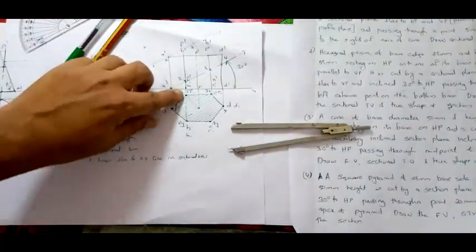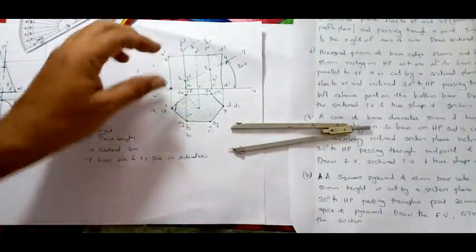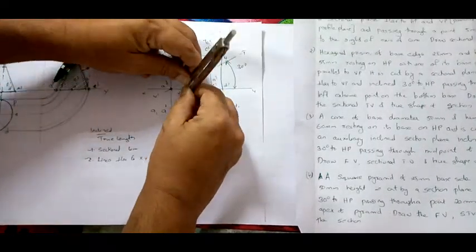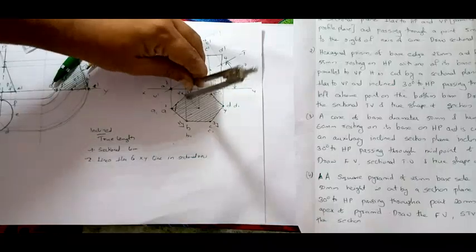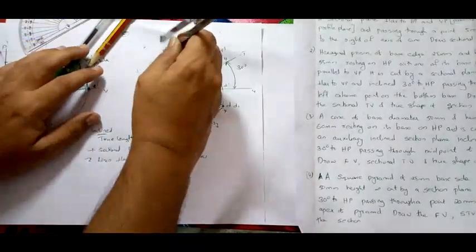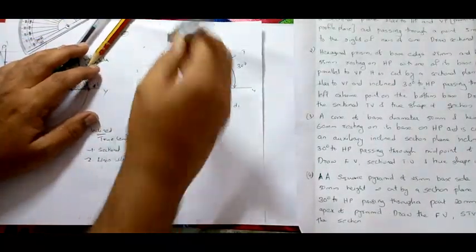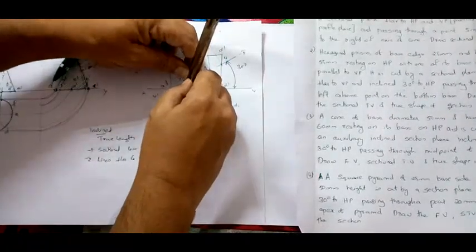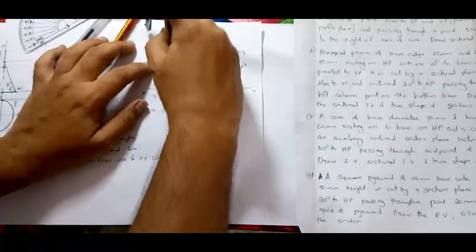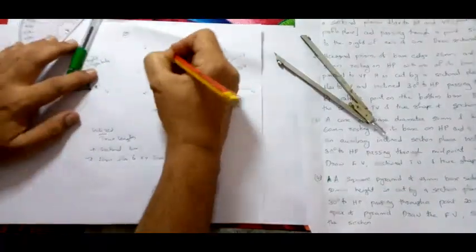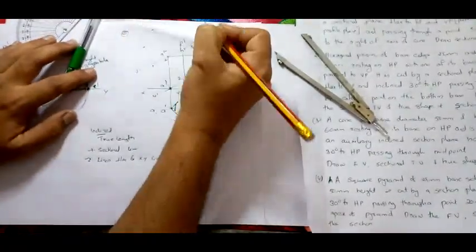Similarly for 2 you will get 2x and 2y. Take the distance of 2x from the xy line, that is the sectioned point 2x, and cut it here. Similarly find 2y from 2, and cut 2x here and 2y here.